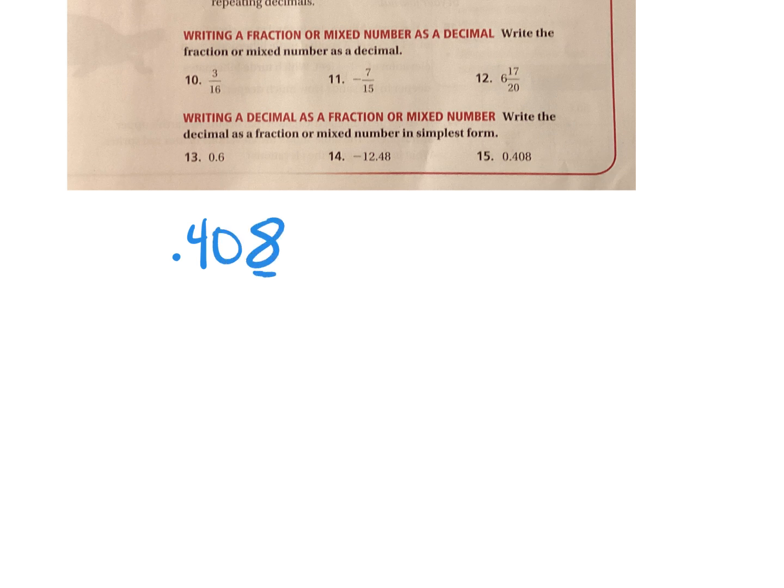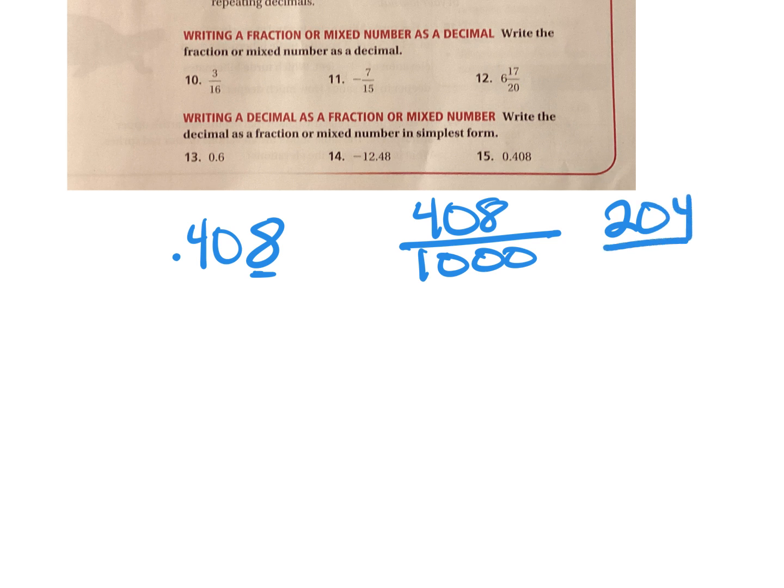I know that this is the thousandths place, so it's 408 thousandths. And I'm going to cut that in half, so 204 over 500. Cut that in half, 102 over 250.